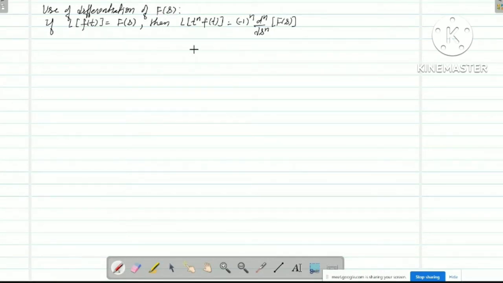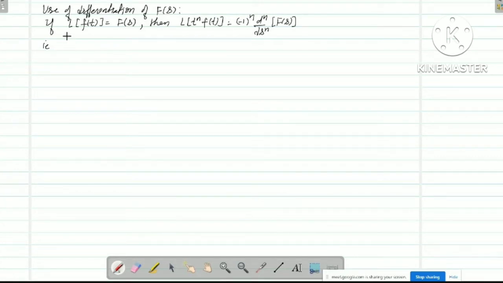In the previous lecture we have seen that this is the effect of multiplication of the function f of t. So in a similar way we can use here the derivative of the function f of s to find inverse Laplace transform. So what is that meaning?